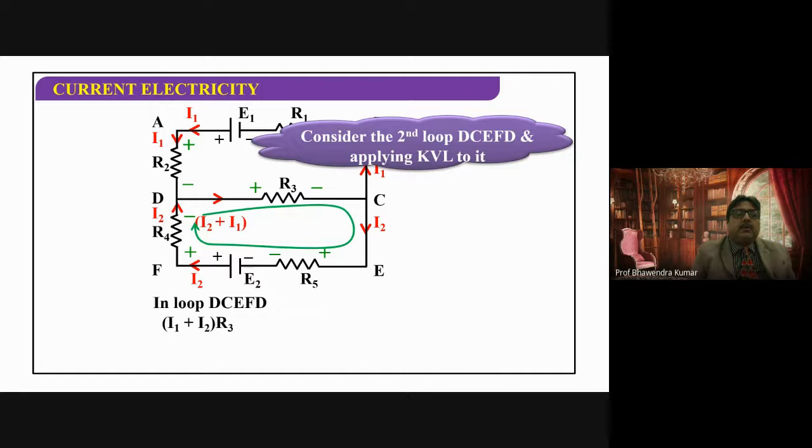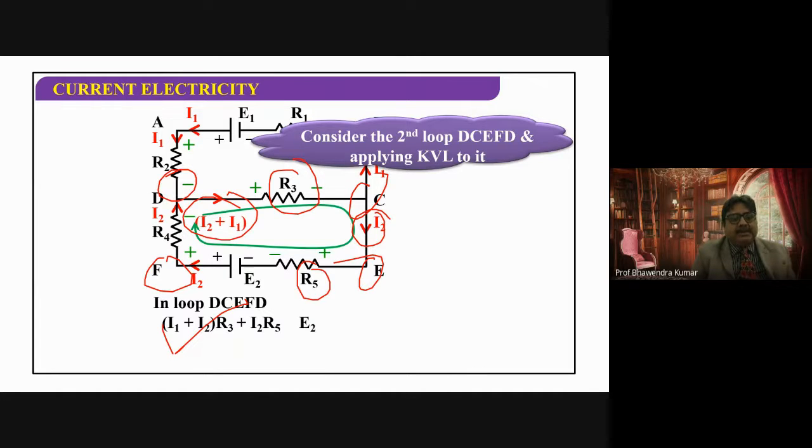Yes. Similarly, when I take the other loop D, C, E, F, D. When I go from D to C, I get a resistor R3. Current through it is I1 plus I2. So I'll write plus (I1 plus I2) into R3. Then I cross the resistor R5, again in the direction of current I2. So it will be plus I2 R5. Then I cross the cell E2.